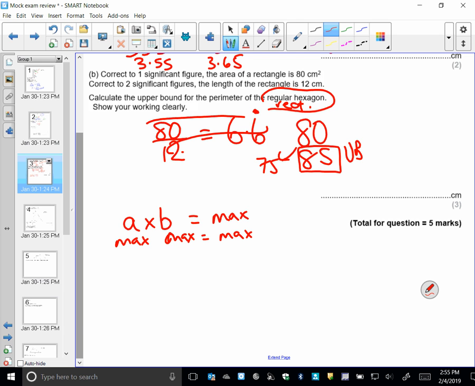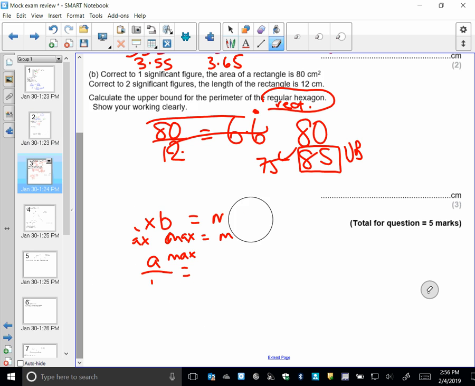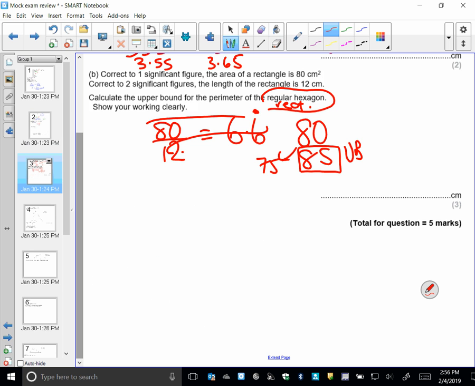But when it comes to dividing, if I was doing A divided by B, to get the biggest output I would need the maximum value for A and the minimum value for B. Casey, are you with that? A little bit.